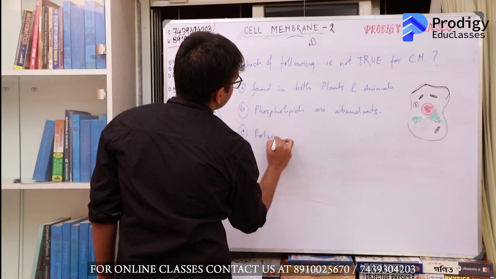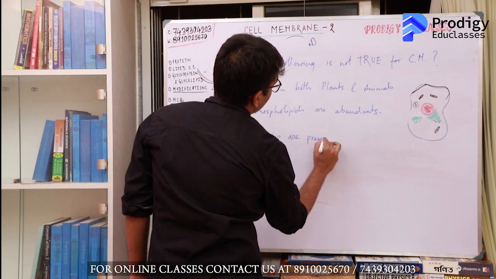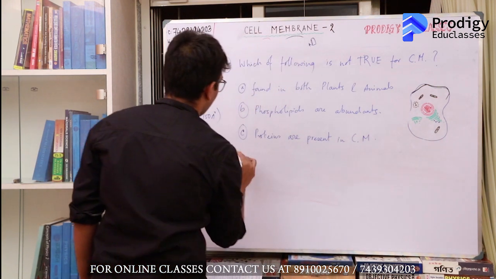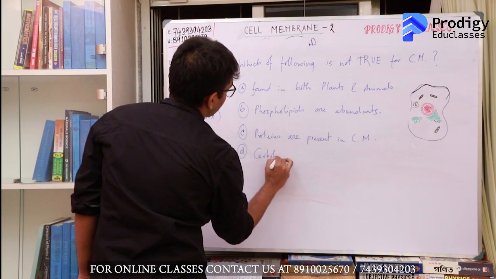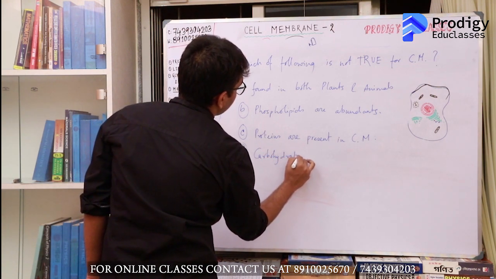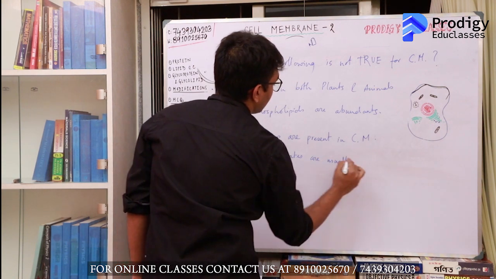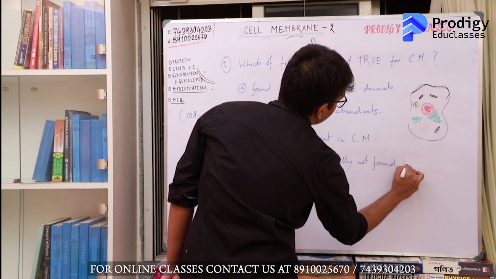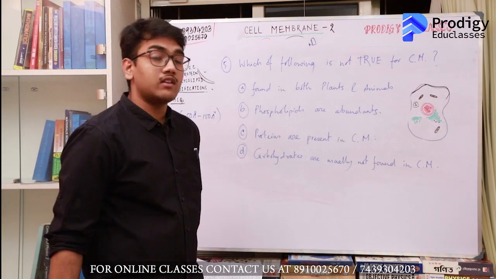C, proteins are present in cell membrane. D, carbohydrates are usually not found in cell membrane. Look, these are questions to confuse you.